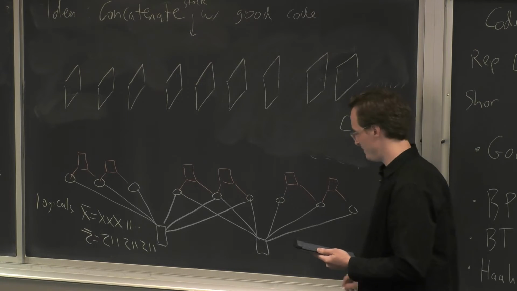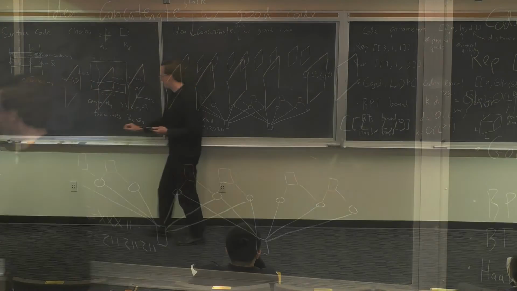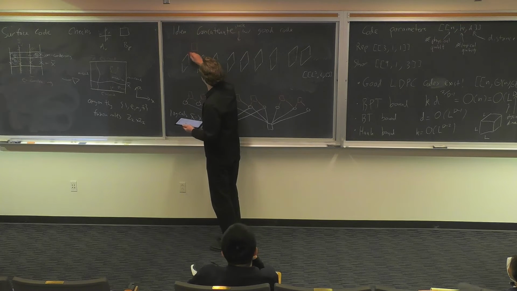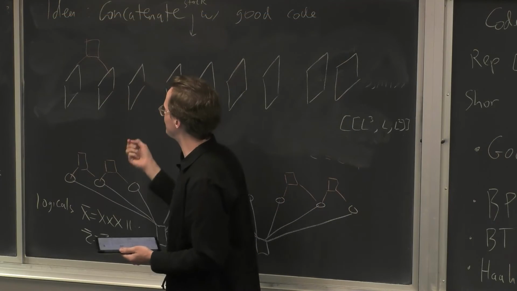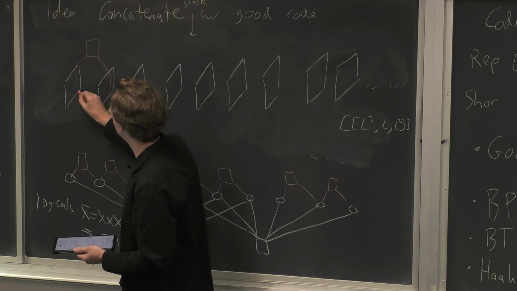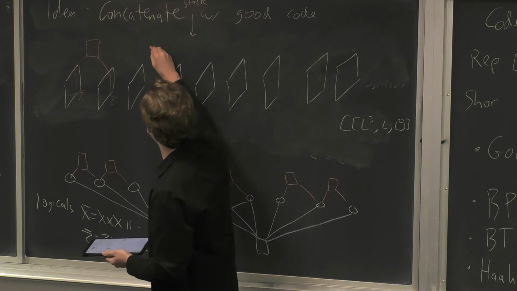Okay, so let me just draw a little picture of that for this example. Now you're going to have these concatenated logicals, which just means you have new checks, which are products of the logicals that were there before.